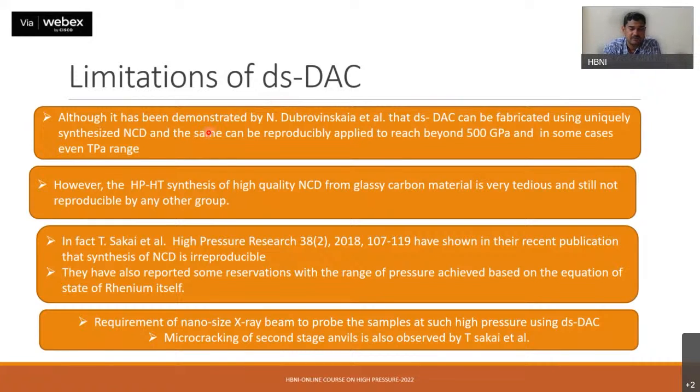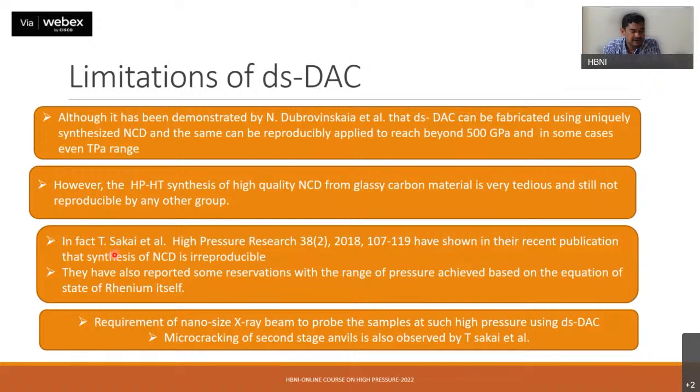Although it has been demonstrated by Dubrovinskaia that this double stage diamond anvil cell can be fabricated using uniquely synthesized nanocrystalline diamonds of a spherical shape, and the same can be reproducibly applied to reach 500 GPa, in some cases even terapascal range, however, the HPHT synthesis, the first step of synthesizing nanocrystalline diamond from the glassy carbon material, is itself a very tedious and demanding task, and it is still not reproducible by any other group.